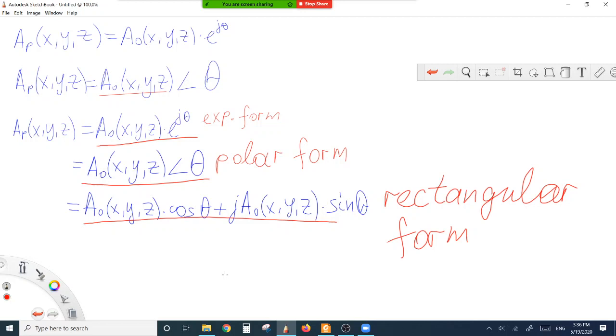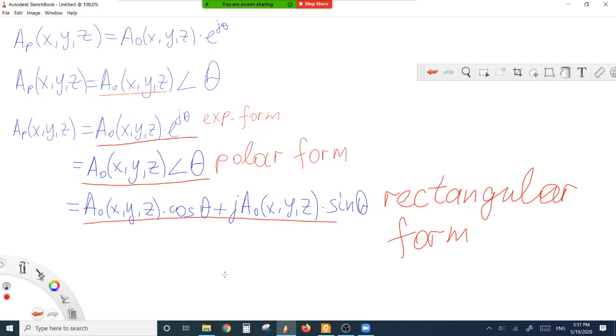For our purposes, we will use the polar form of the phasor, particularly for representation of results, because it is a more compact method of writing.